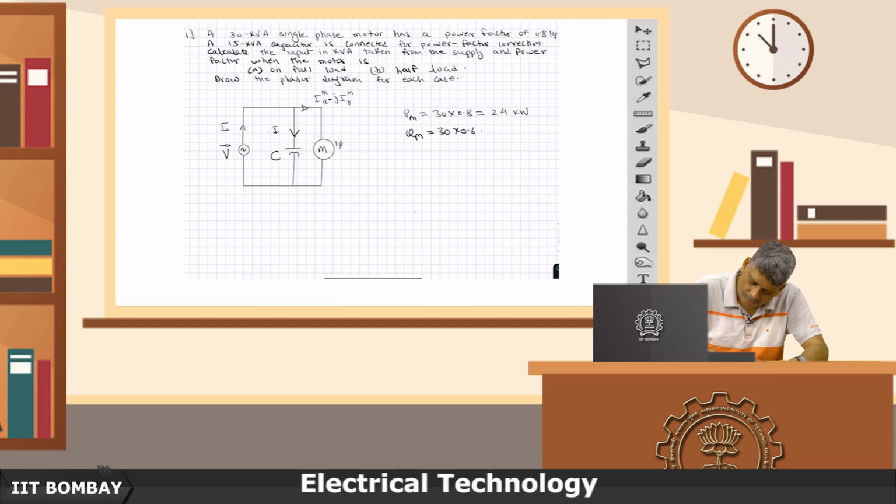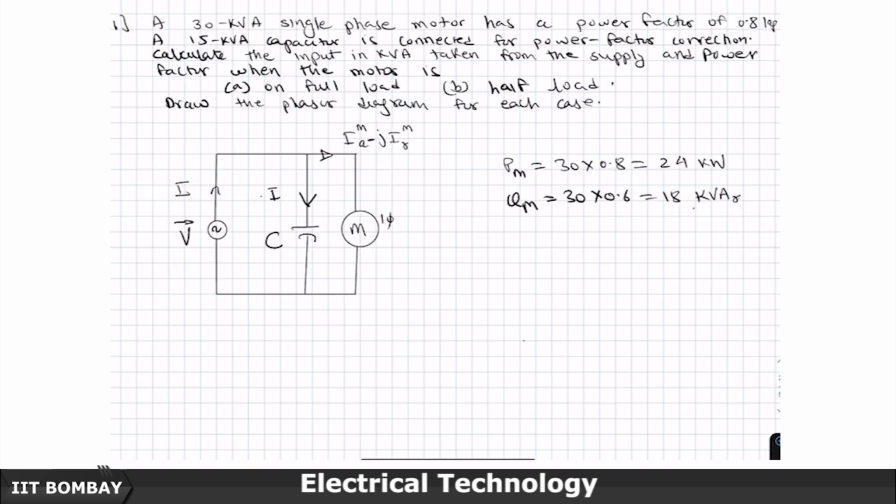So, therefore, 18 kVAR, small r to show that it is reactive, and this is positive, it automatically means that it is lagging, but I am also writing that it is lagging. Now we have deciphered this statement: a 30 kVA single phase motor has a power factor of 0.8 lag.